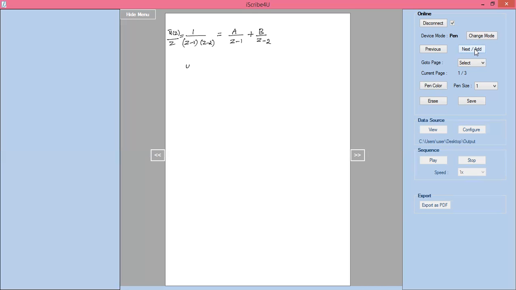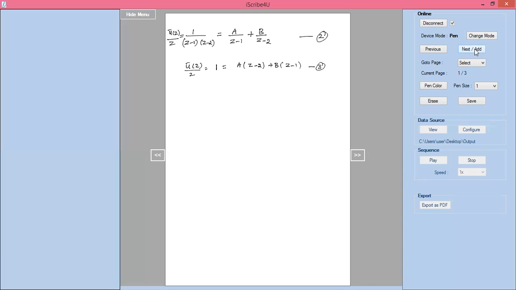Left hand side is 1, so you can keep it as it is. 1 equal to a into z minus 2 plus b into z minus 1. Consider this is equation 2. And this we'll take as equation 3.